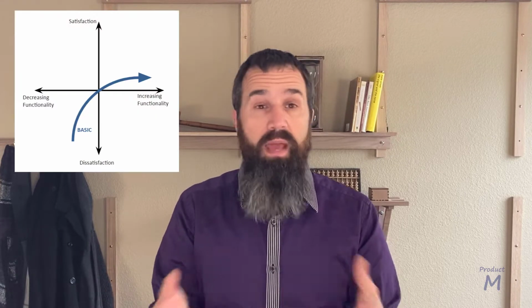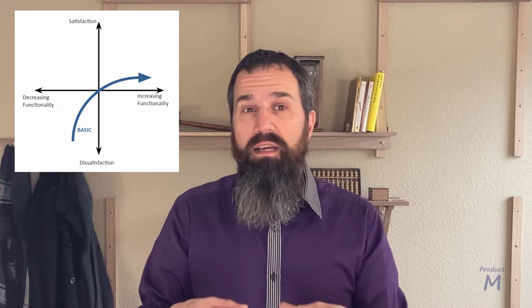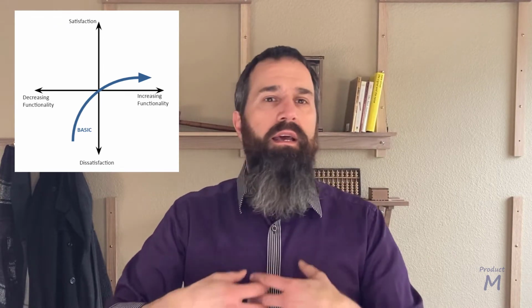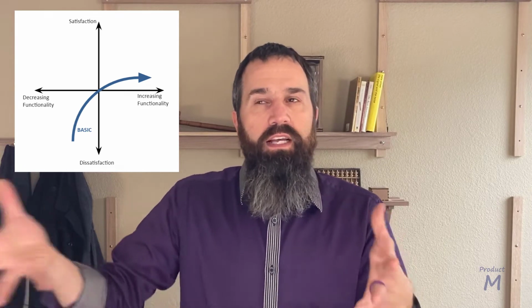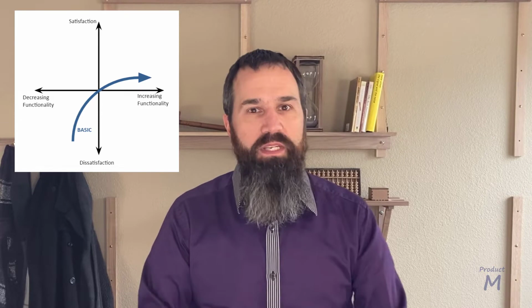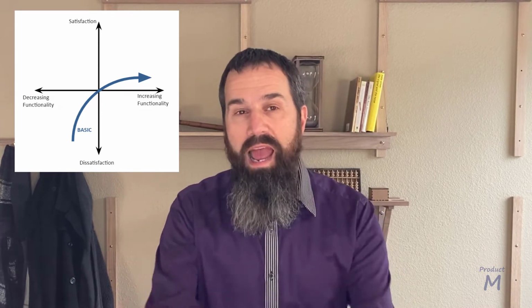So the first bucket for these pieces of functionality is basic. This basic functionality is stuff that customers don't even necessarily know to ask for. If you're doing a medical device, the customer might not even say to you, hey, this has got to be sterile, in situations where it has to be sterile, because that's such a fundamental thing that it has to be or do or have.